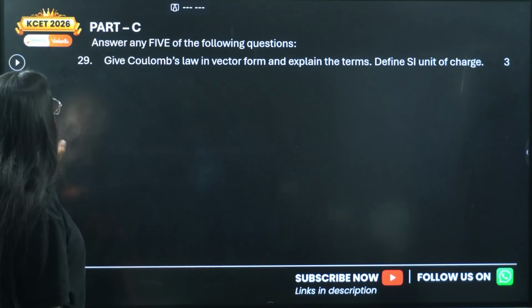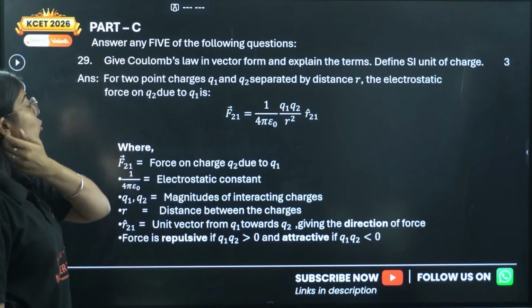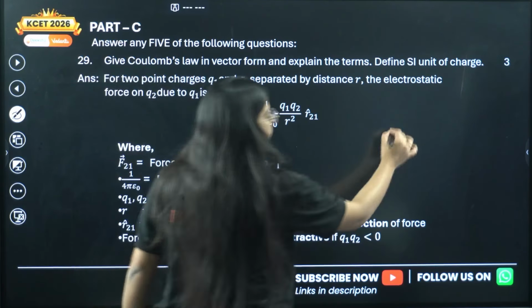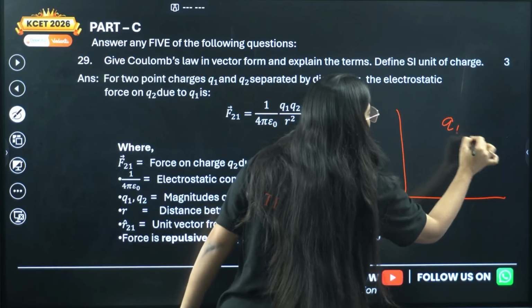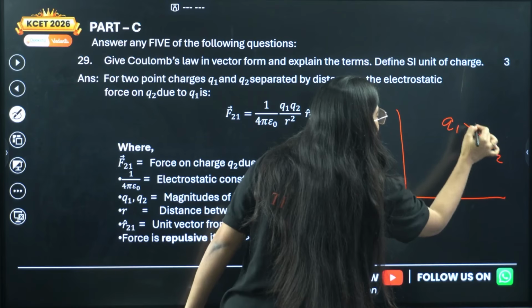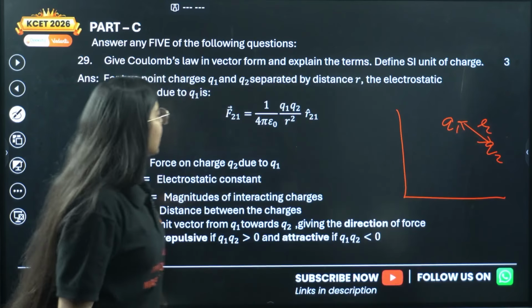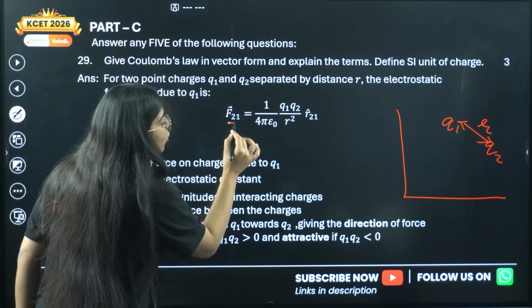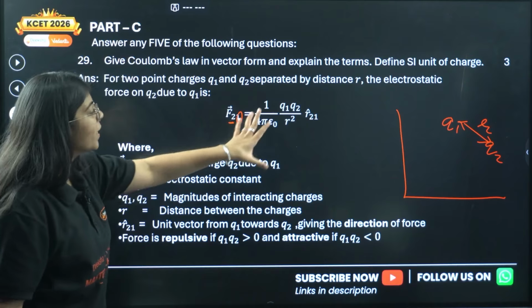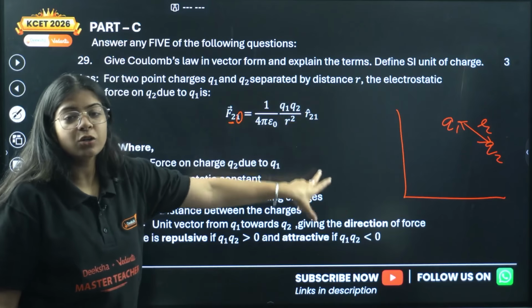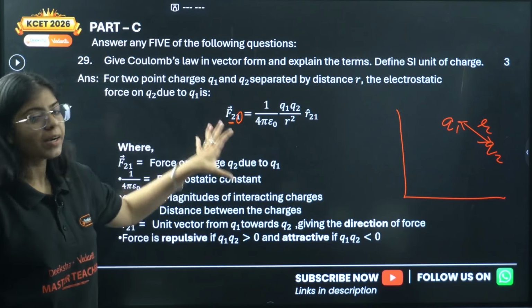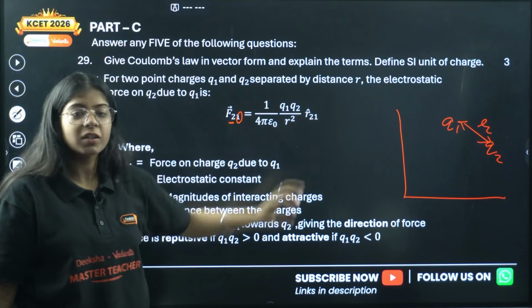Let's see the answer. That is for 2-point charges Q1 and Q2 separated by a distance R. The electrostatic force on Q2 due to Q1 is given by writing R21 cap. This is a unit vector because we already took the magnitude. This is just for the direction.